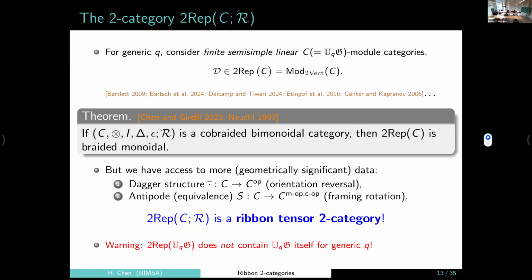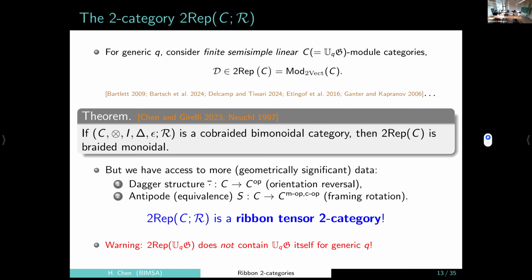Keep in mind this geometric intuition, but so far you can just treat them as algebraic structure. The idea is that once I include these into my two-category modules, you can say that this two-representation two-category is ribbon tensor. So let's see how that happens.